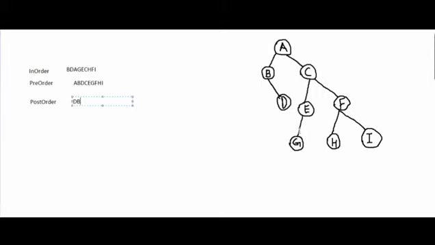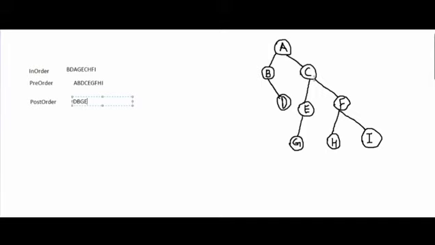So we will first mention the left, G. There is no right child, so we will directly go back to the root. Then we can mention E, right? The left, right and root. There was no right, so after left we directly mentioned the root node. Now we will go back up. C is the root, so we are not going to mention it yet.